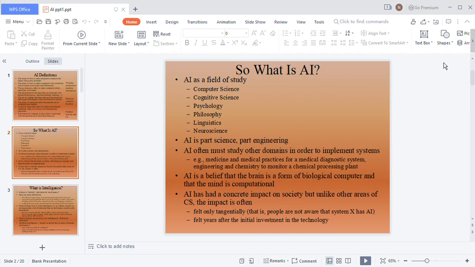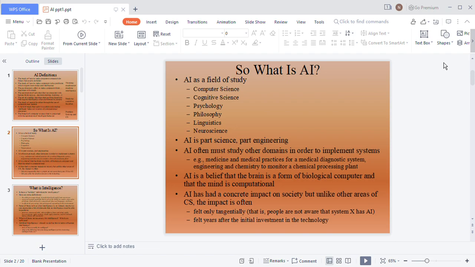If you look at chemical engineering, there are so many chemical engineering plants. There are some companies like Reddy's Lab. And look into the medical diagnostic system, engineering, and chemistry. There are applications of engineering.